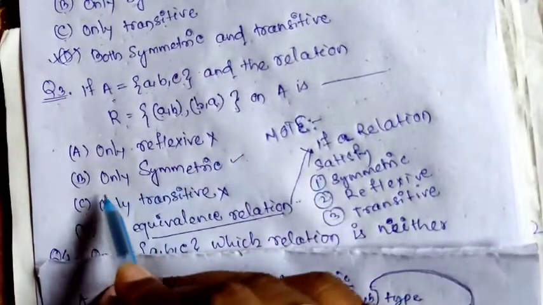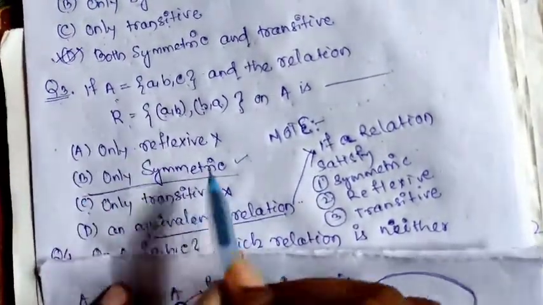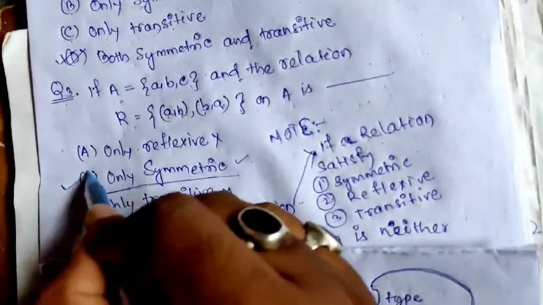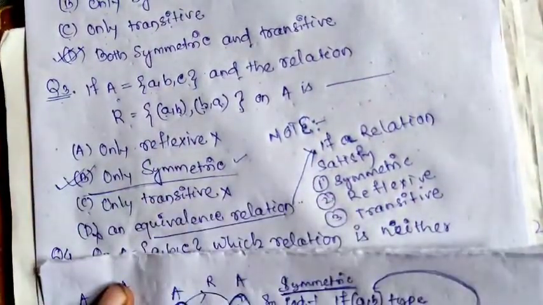Here it is only a symmetric relation, so this option is also wrong. So option B is correct. Okay.